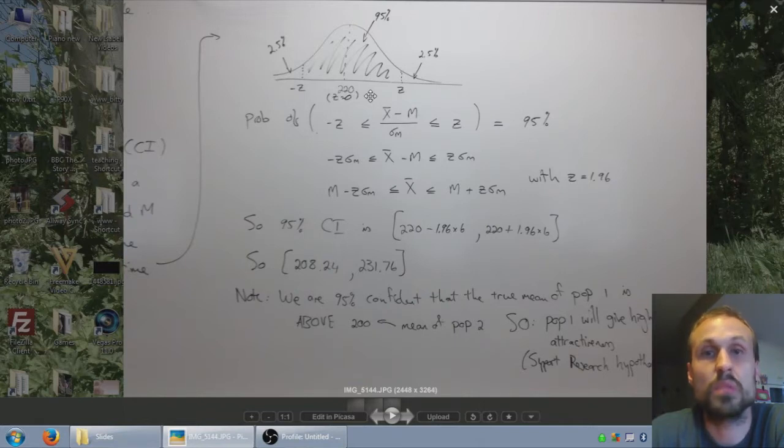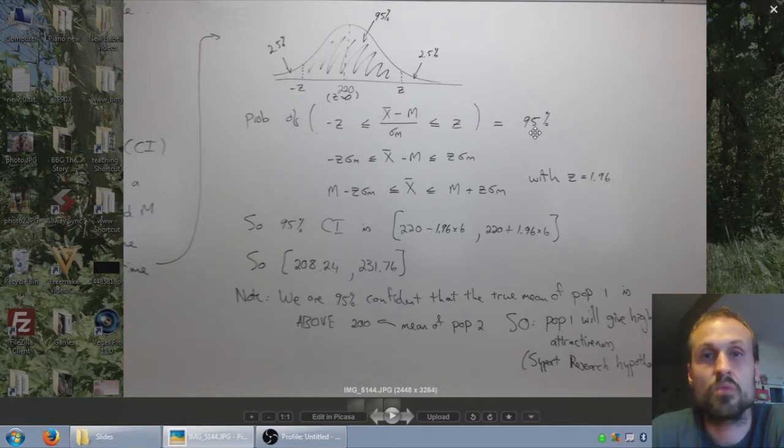In other words, the probability of finding a value is 95% and then 2.5% in either tail, of course. So the probability that I'll fall between negative z and positive z should be 95%.